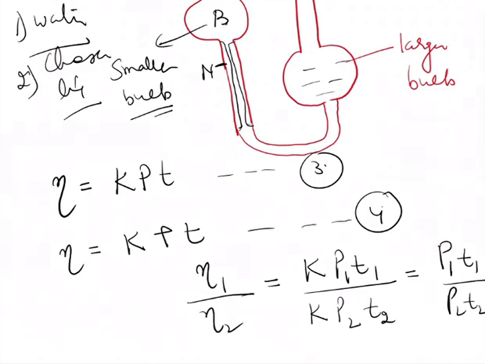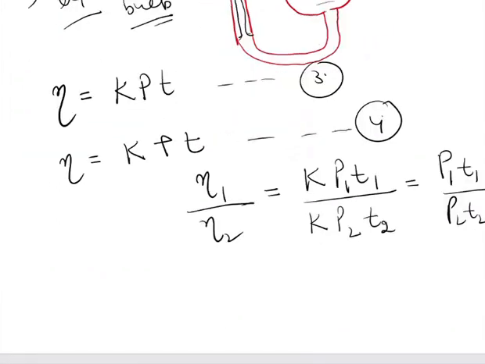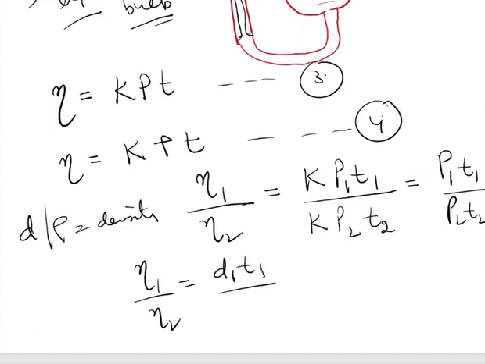Taking D or rho as the density, eta 1 by eta 2 is equal to D1 T1 upon D2 T2, or it can also be written as rho 1 T1 upon rho 2 T2.